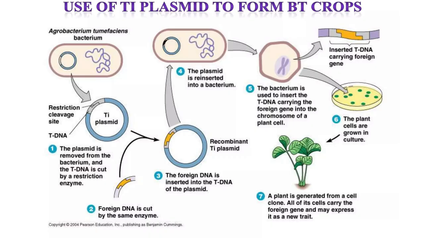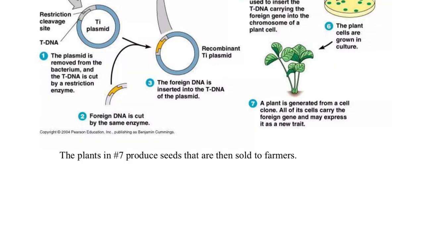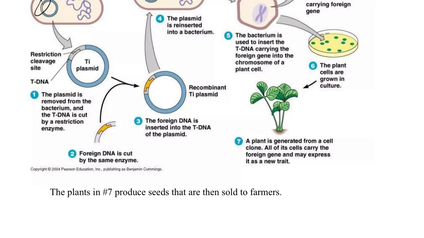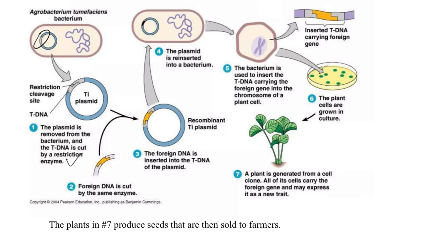So here we go again with how the BT gene was inserted into the seeds. Basically, you're taking the gene out of the bacteria that produces that toxin using restriction enzymes. And then you put it into another bacteria that has the ability of entering that particular crop plant's cells.